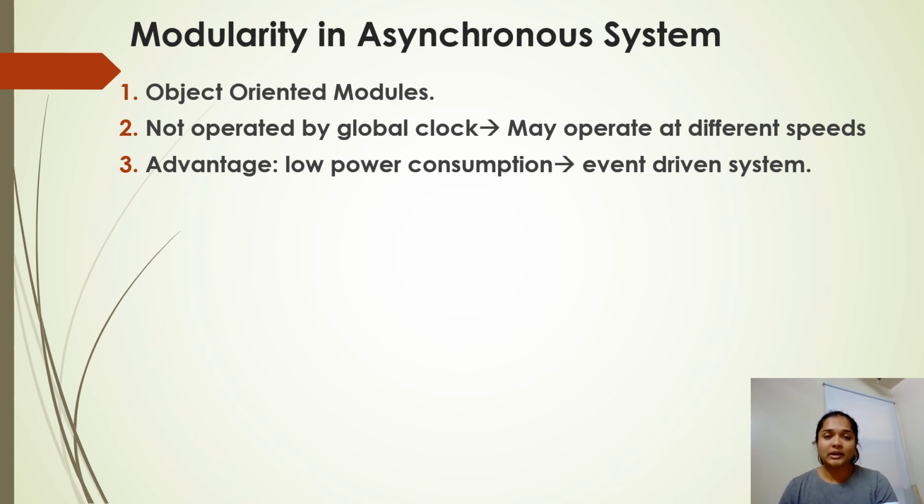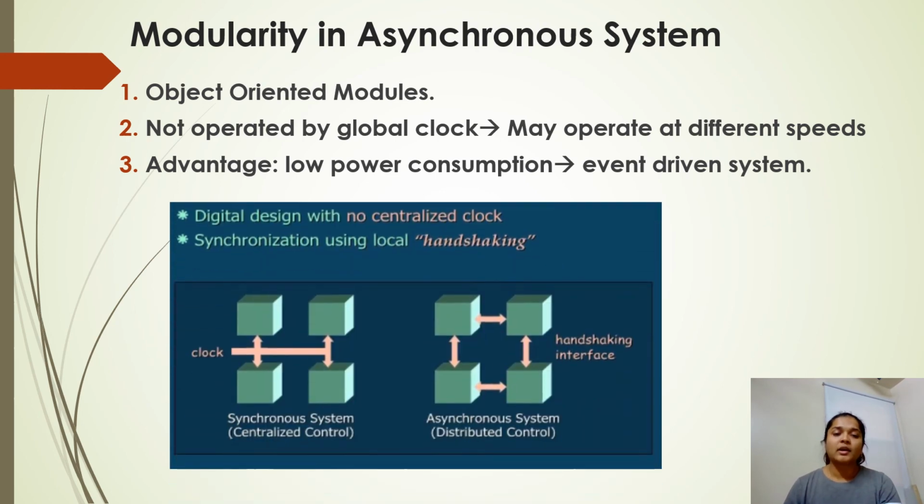The main advantage of an asynchronous system is low power consumption because it is an event-driven system. So it transmits when an event occurs. Otherwise it stays in hold mode.